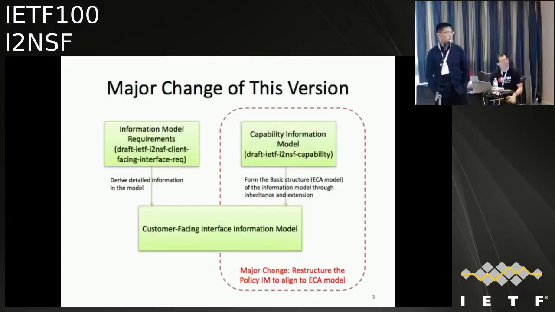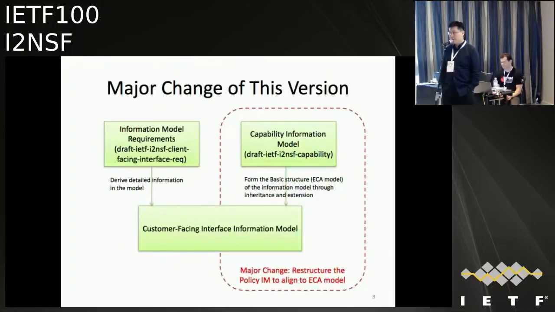Before I give the major changes of this draft, I want to say that the original idea of this client-facing interfaces information model is from some enterprise users from Europe and the United States. So we got a lot of information input from them, which helped us get enough content for this information model.